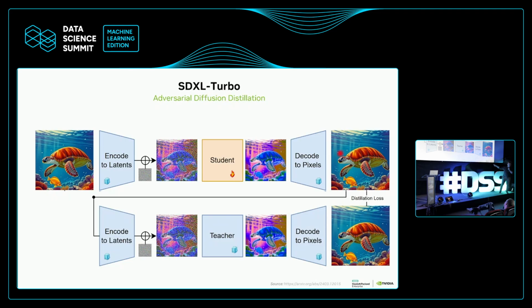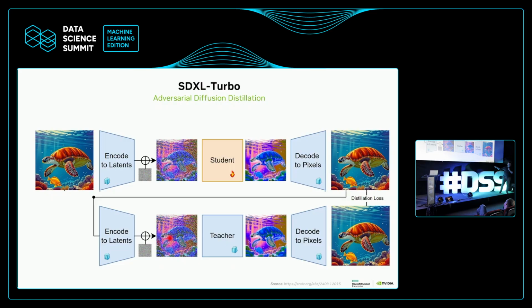This procedure is repeated for the teacher model. So this image is now encoded back to the latent space. We add noise to this image, and later on we use our pre-trained teacher to remove the noise from it. So this part is very similar.